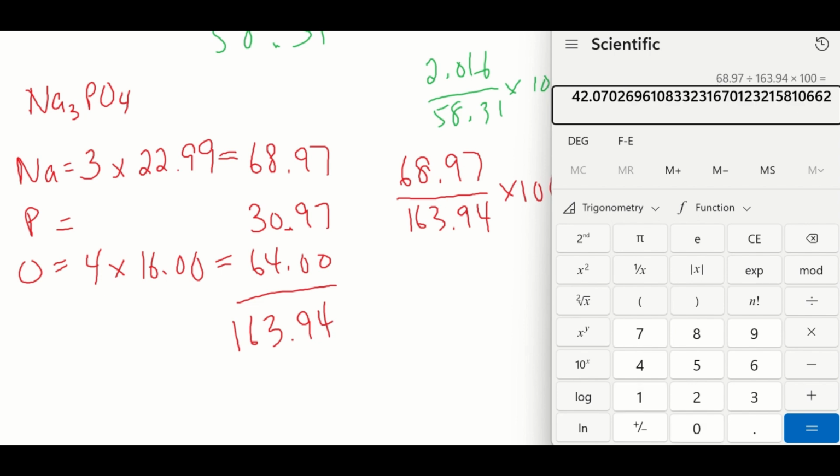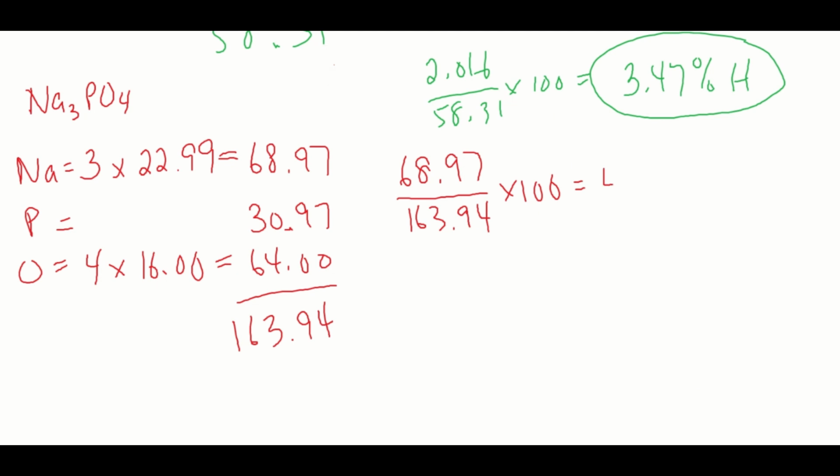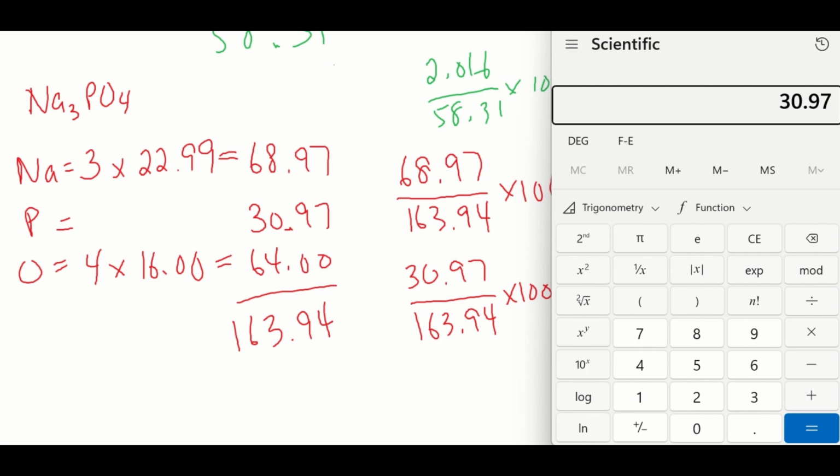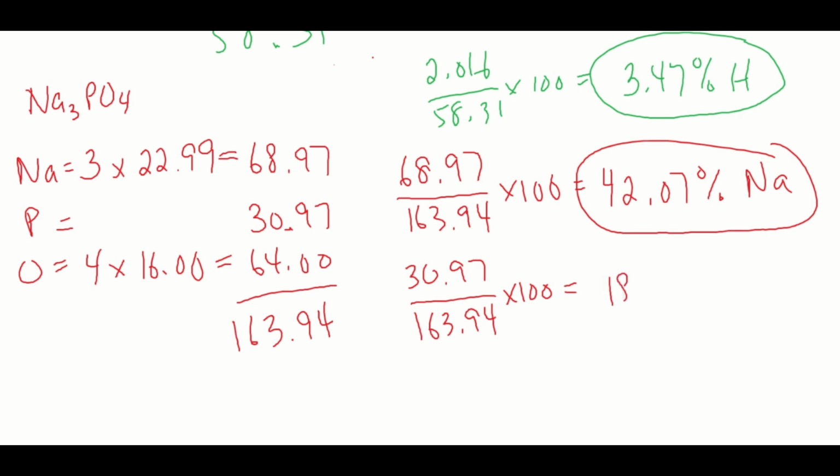42.07 percent is sodium. 18.89 is phosphorus.